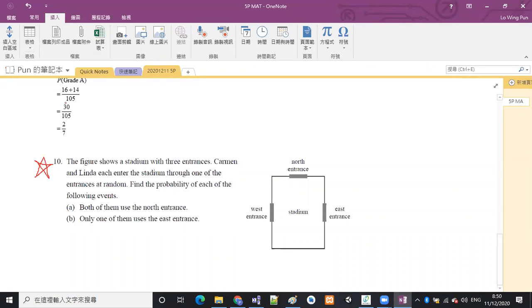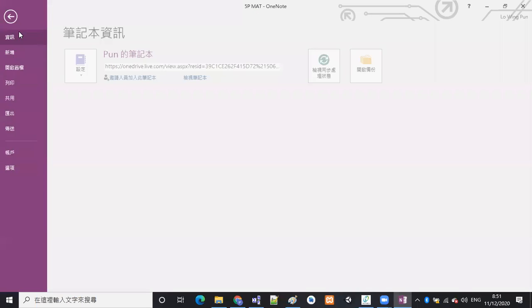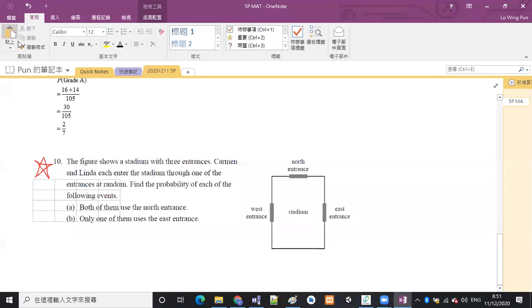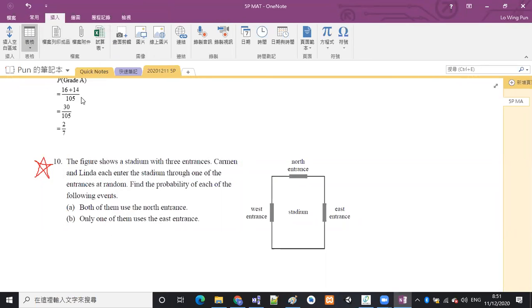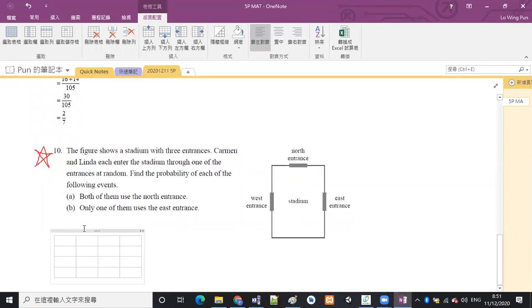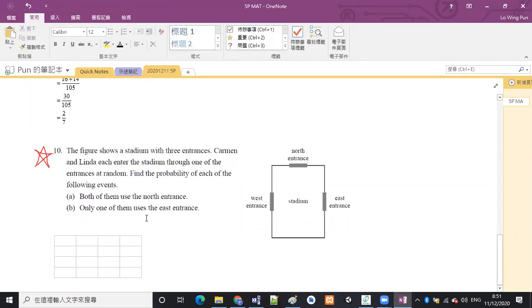We will use a table format. The first one is Carmen's choice, and then the second one will be Linda's choice.